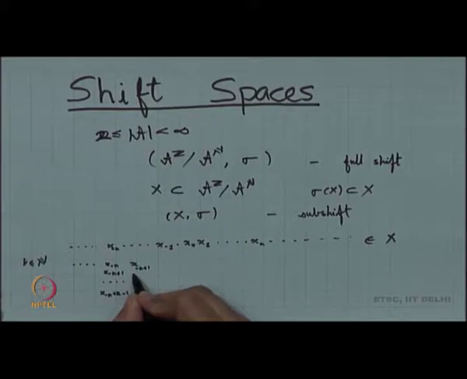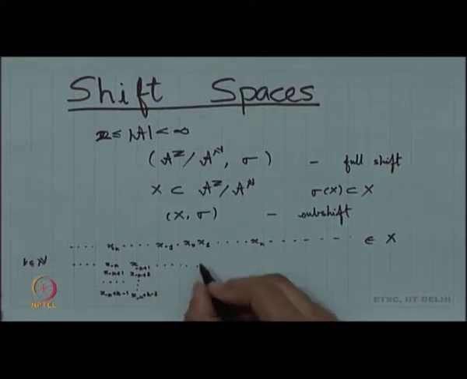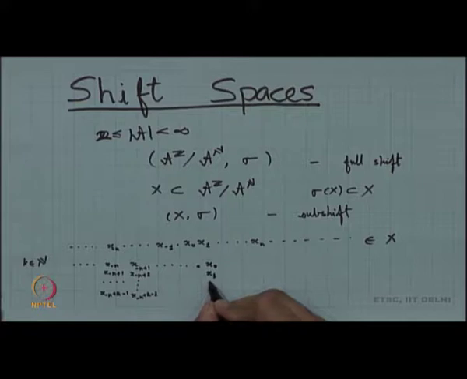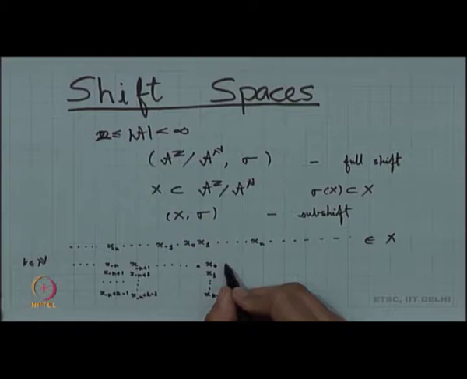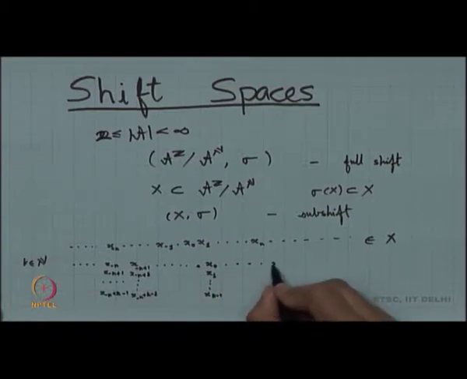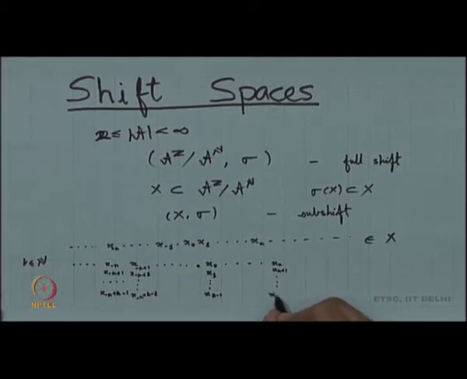Then we start with this factor x_{-n+2} and go up to x_{-n+k-2}, and we continue with that. At the 0th place we have x_0, x_1, and this goes to x_{k-1}, and again we go back to x_{n+1} and x_{n+k-1}.